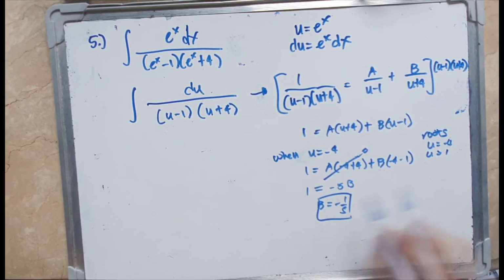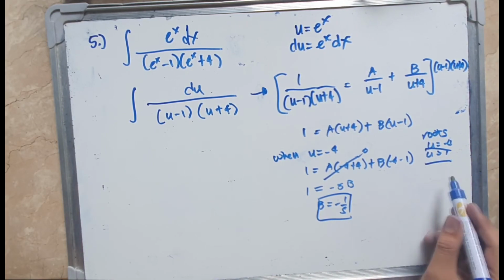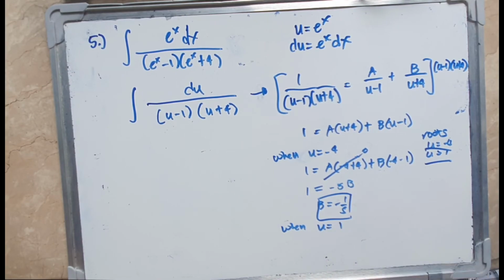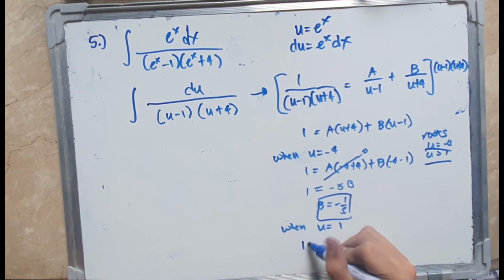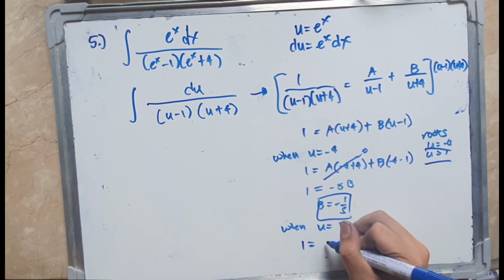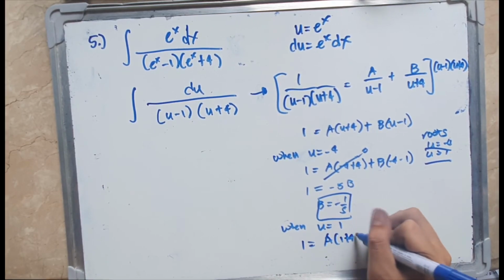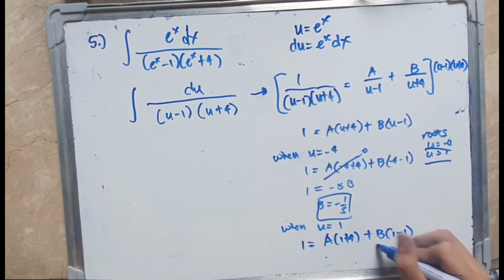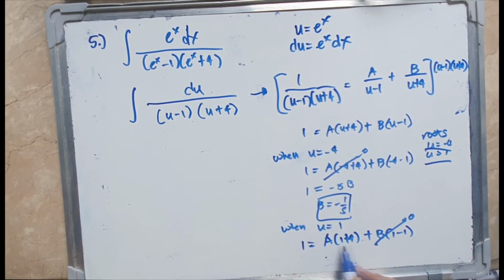How about the other root when u is equal to 1? Okay, we have 1 on this side of the equation. A (1 plus 4) plus b (1 minus 1). This is 0. 1 plus 4, 5. 5a, therefore our a is +1/5.